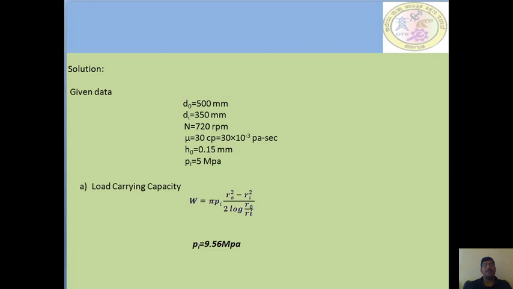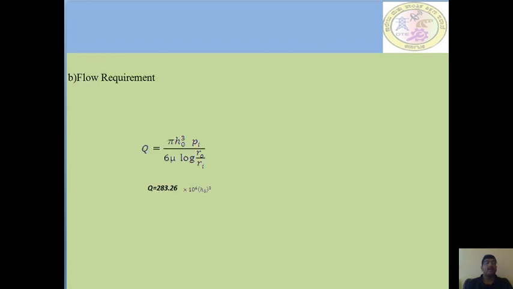Substitute the values, and we will get Pi equals 9.56 megapascals. Coming to the flow requirement, the equation we know already. We substitute the respective values, so we will get Q equals 283.26 into 10 raised to 6 in terms of S naught cube. We don't know S naught, hence we keep S naught as it is.